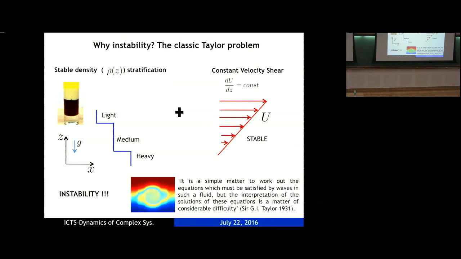So along these lines, I'll try to explain why this kind of configuration can be unstable, and there is a physical reason behind it. So we will be looking for the physical reason behind instability.